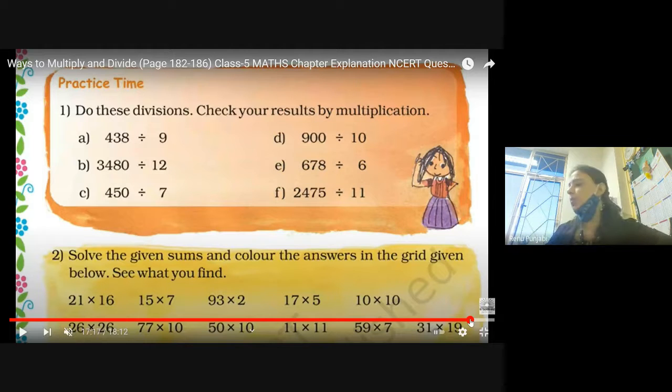So the second one, what is the second answer? Ma'am, 1 minute. 1 minute. Please. We are waiting, na, Ayush?